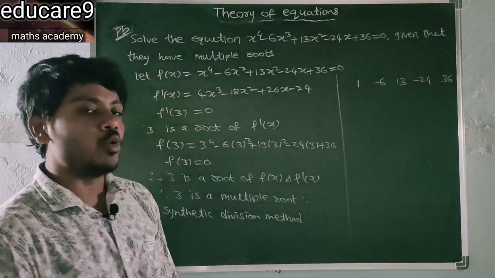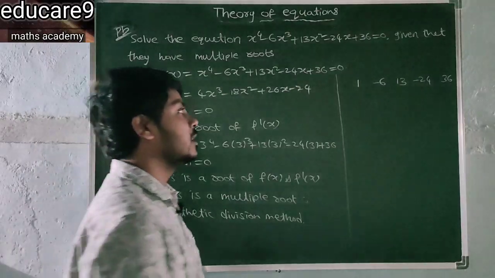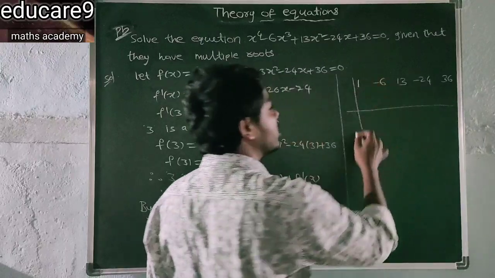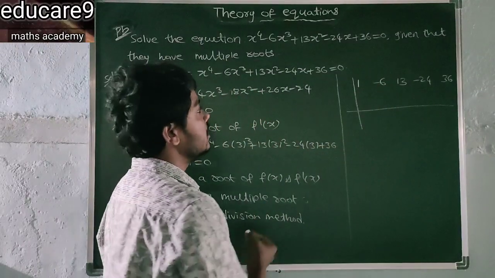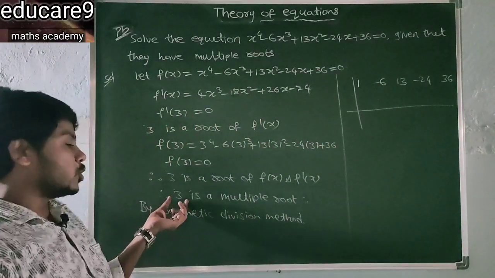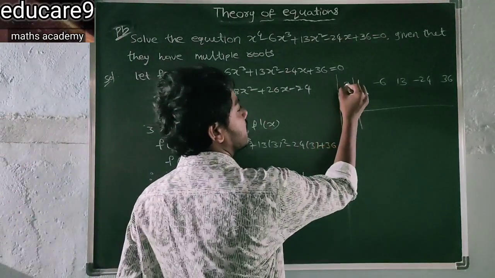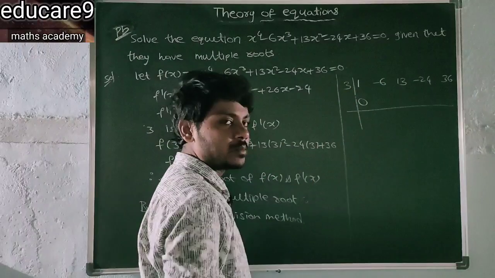Draw a horizontal line and a vertical line. Now write this root to the left of the vertical line. So write here 3.